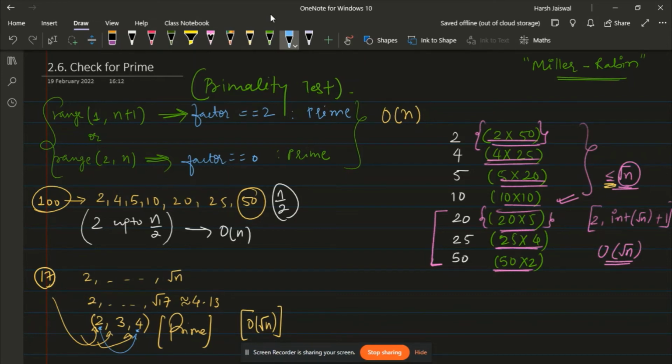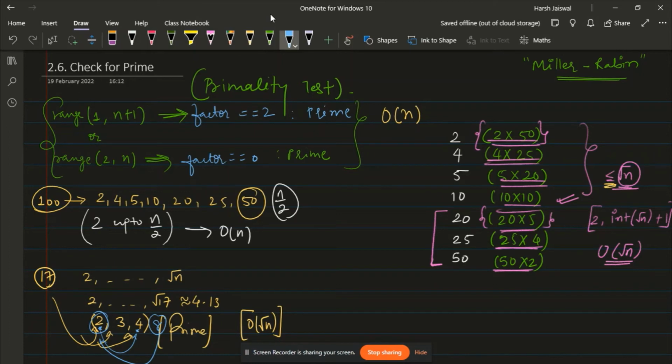We can avoid checking even numbers which are greater than 2. Yes, because if an even number can divide n, so can 2. If a number is divisible by 8, it is divisible by 2. So there is no need to check even numbers.